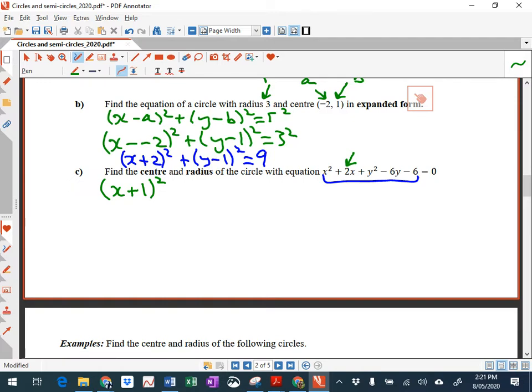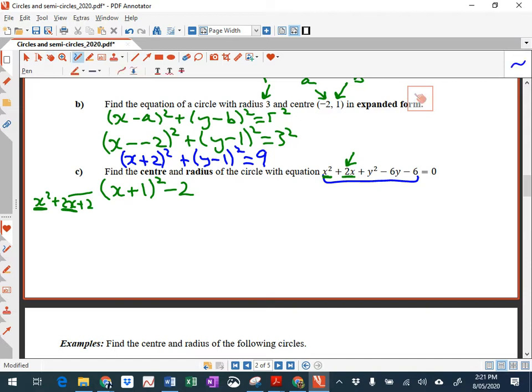Now, if I expanded x plus 1 all squared, I would have this x squared plus 2x plus 2. Now, I have the x squared, I have the 2x in the equation, but I don't have the plus 2, so I've got to compensate for that by subtracting 2.